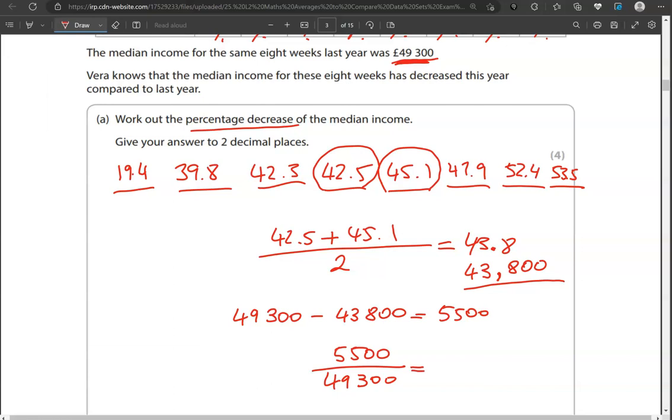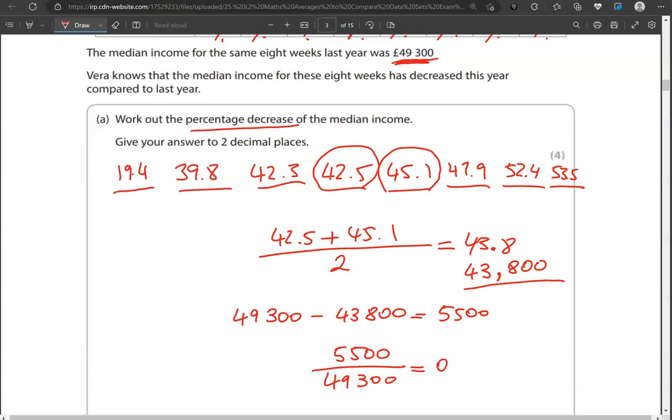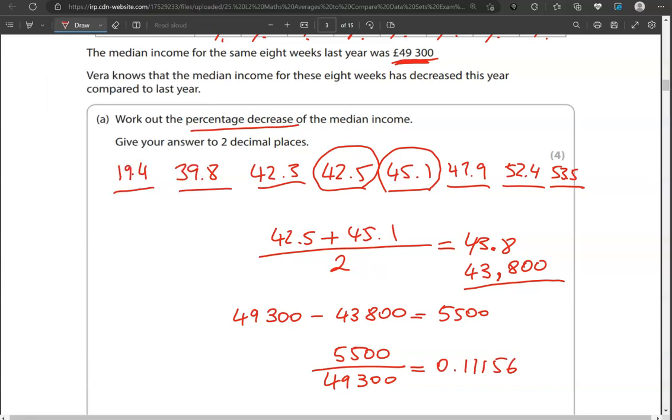So we'll do now this in the calculator. 5,500 divided by 49,300, which is 0.11156 and so on. So that is as a decimal.